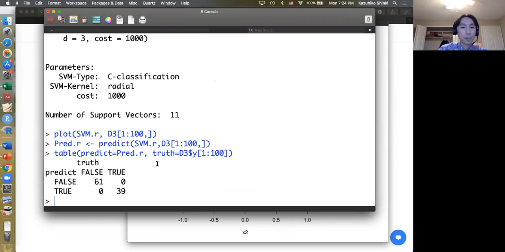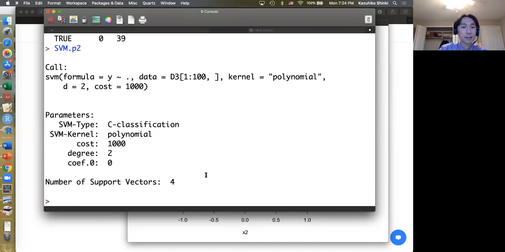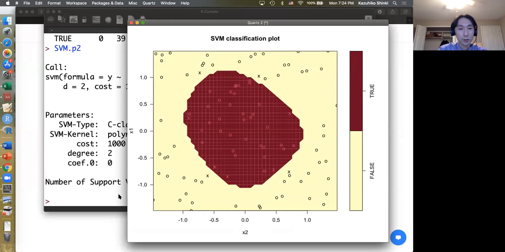But probably SVM-P2 is slightly better because it has fewer support vectors, so that is probably more efficient to separate the two groups. Also the boundary looks like an ellipse and the truth is a circle, so probably it's a better approximation to the truth.